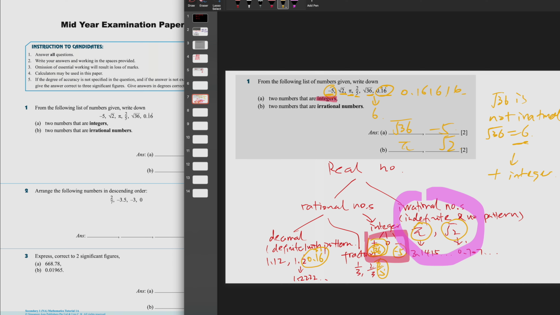That's how you get the answers for this kind of question. You get all these numbers into this diagram, and once you have that, only then do you start to solve the question. So that's how you solve question 1.